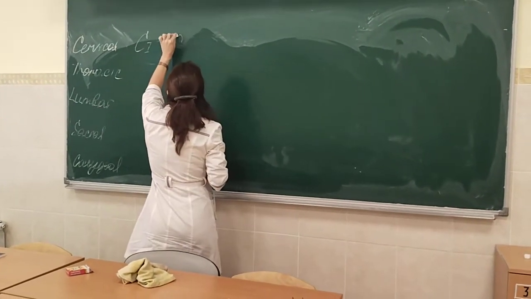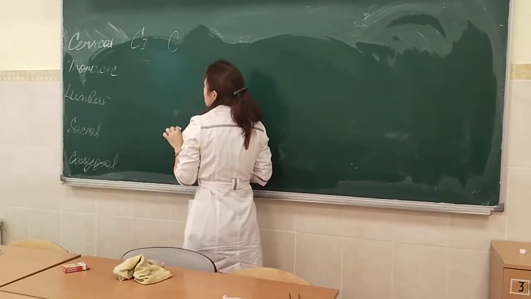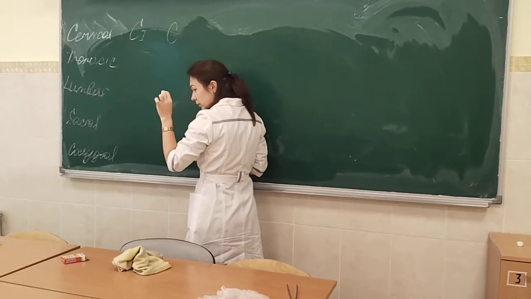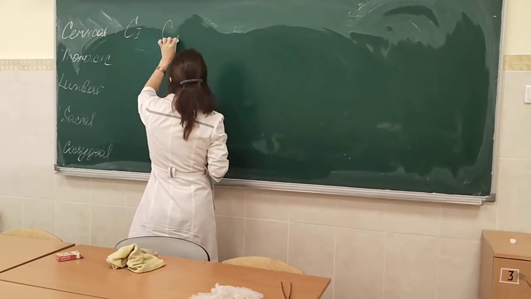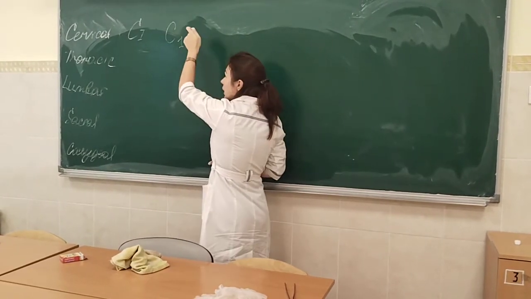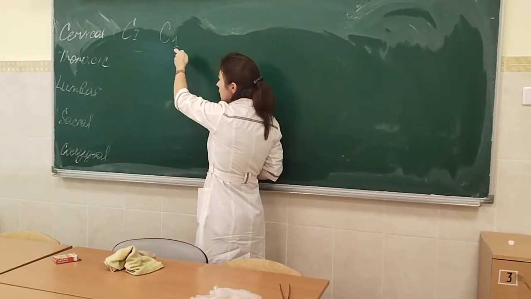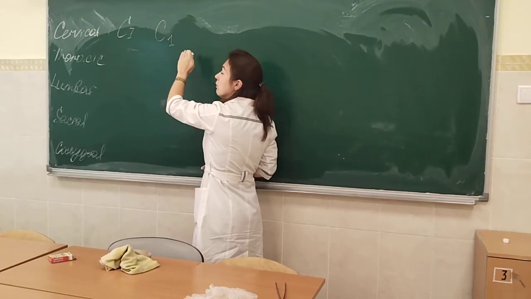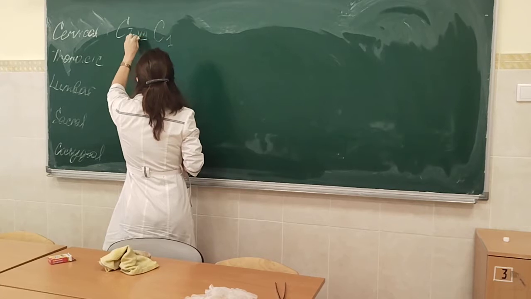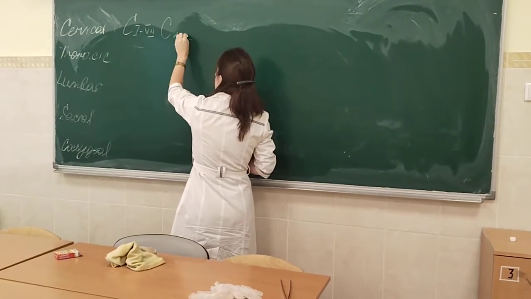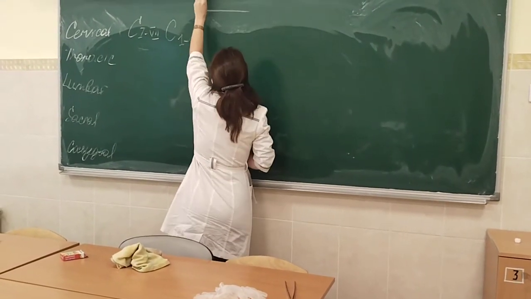For segments of the spinal cord, we also use the first capital letter of the part of the spinal cord, but an Arabic number. So if we see C1, it means the first cervical segment of the spinal cord. So there are 7 vertebrae, but there are 8 segments.